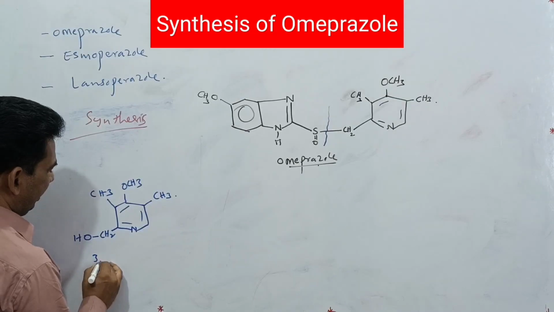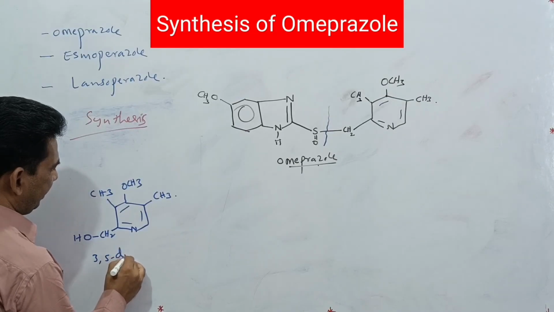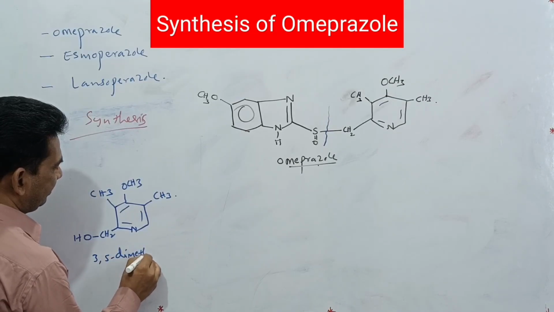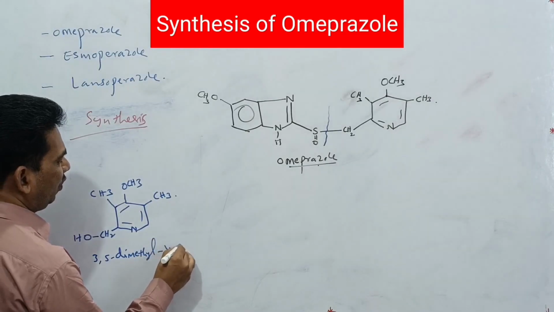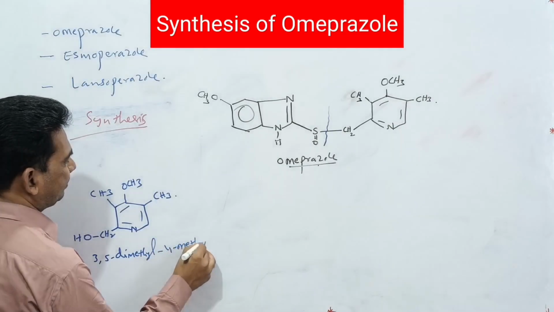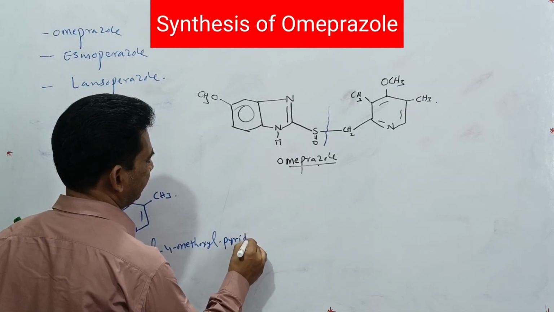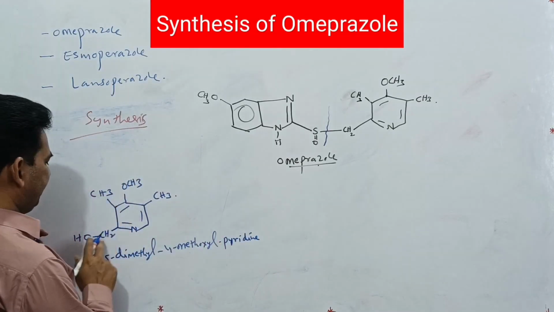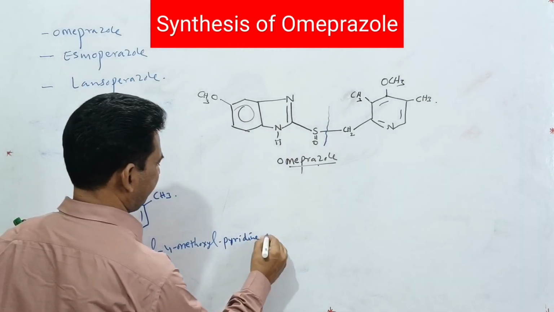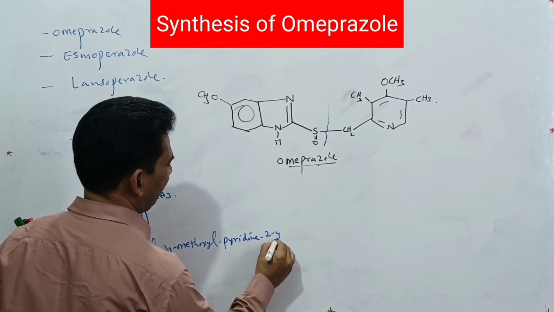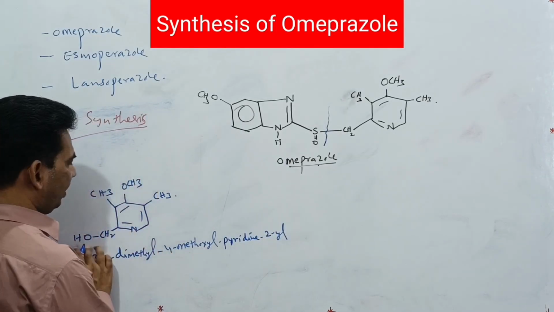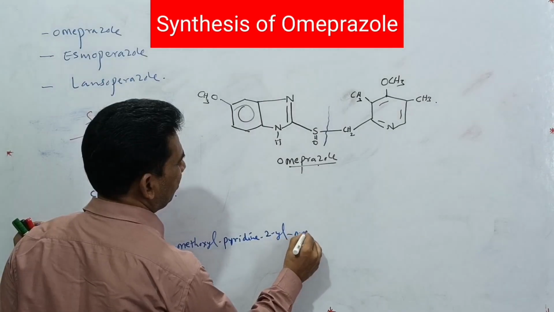See here, 3,5-dimethyl 4-methoxy pyridine. Pyridine's second position has the substitution, that's why it is called 2-yl. What group does it have?